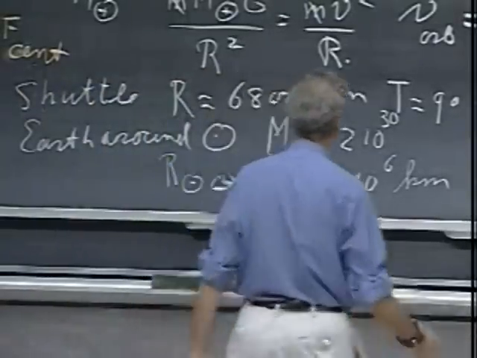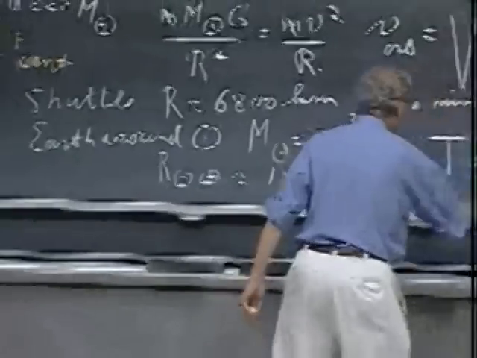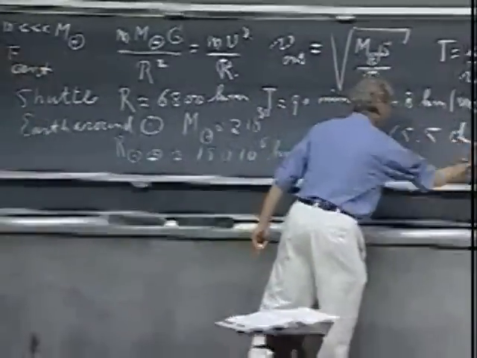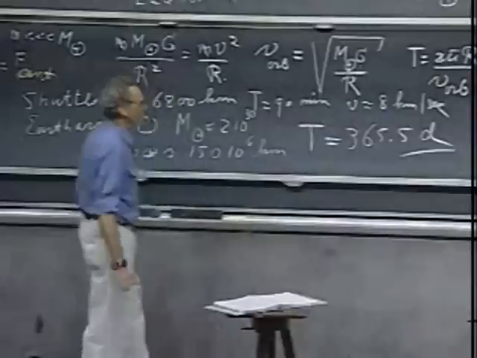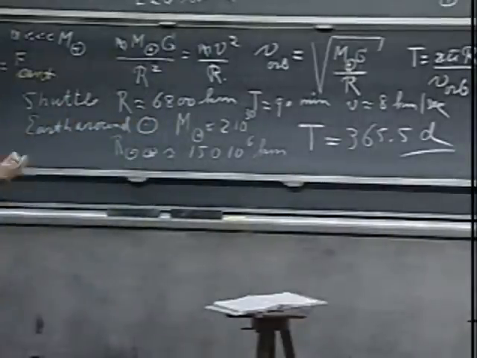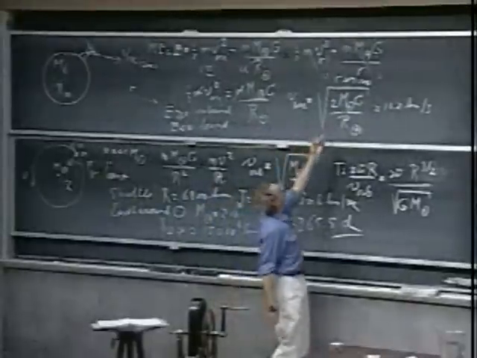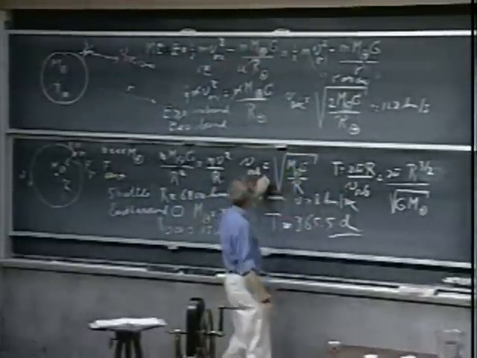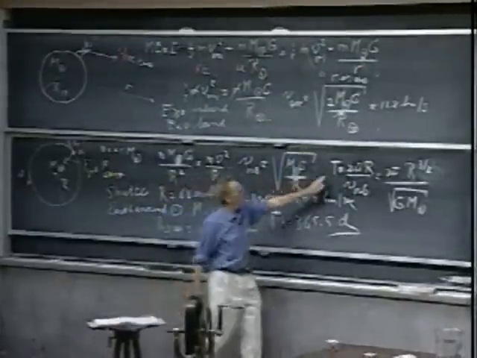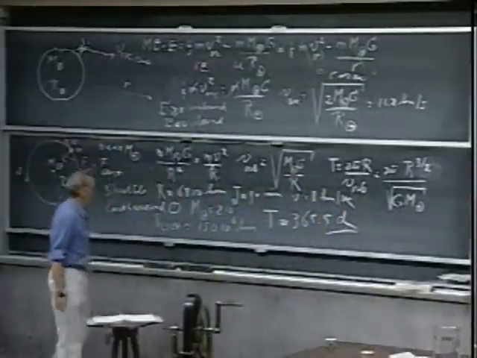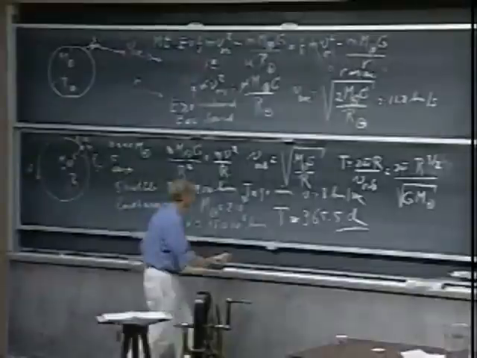And when you calculate how long it takes the Earth to go around the sun, no surprise, you'll find 365.5 days. So there's simply substitution of these two quantities in the equations that I have here. The velocity of the Earth in orbit is about 30 kilometers per second.